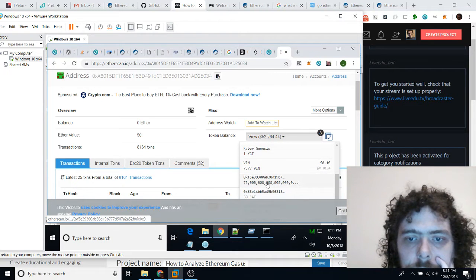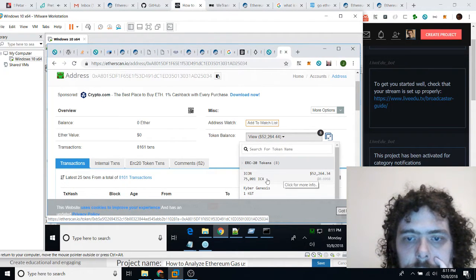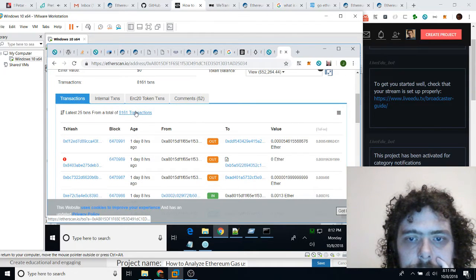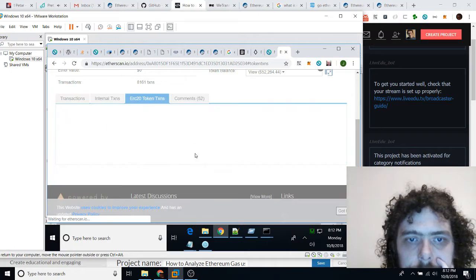Somebody gave them 75 billion or whatever tokens at some point. But here's the ICX tokens. So what we really want to find out is the original transaction that bought ICX.